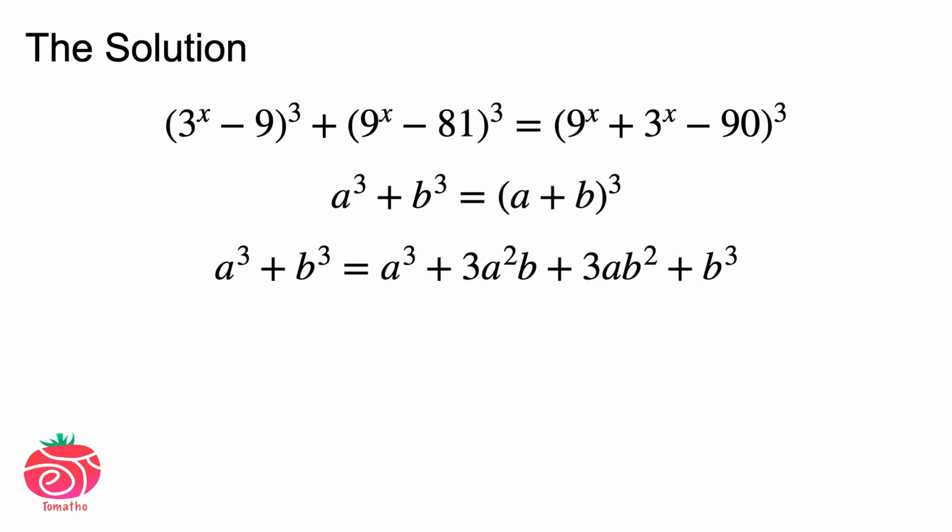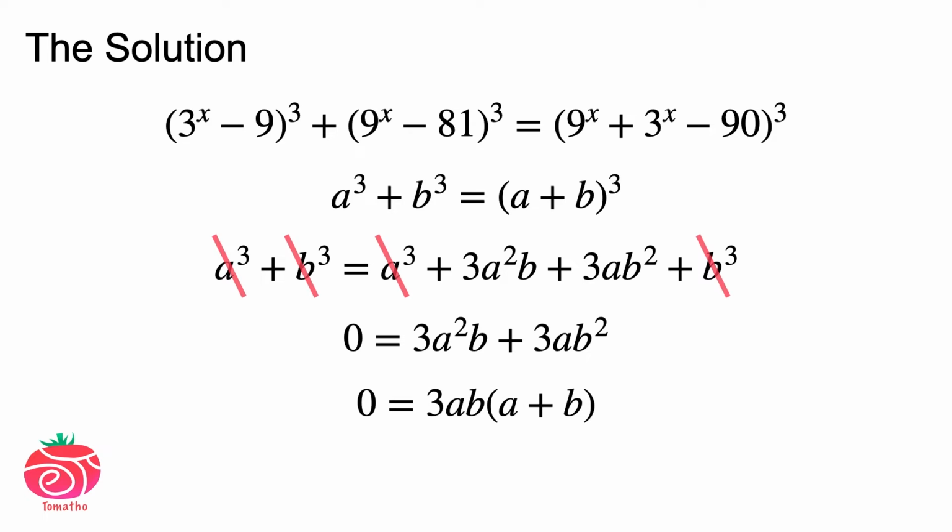And then, cancelling out the common terms, we have 3a squared b plus 3ab squared equals 0. Then, simplifying and factorizing it, we have a times b times a plus b equals 0. Wow! See? Look at how simple the problem now is.